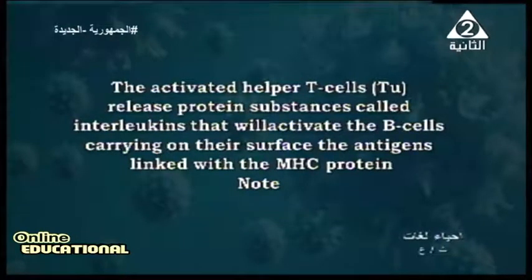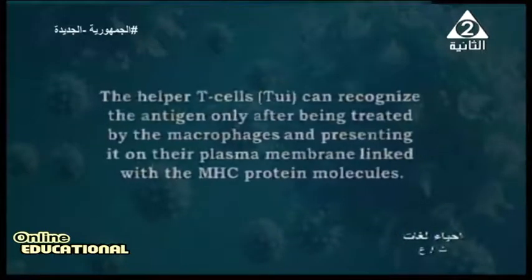After the activated protein becomes active, what happens? It produces a certain type of protein. This protein is known as interleukins. The interleukins activate the B cell to carry this protein outside the plasma membrane.